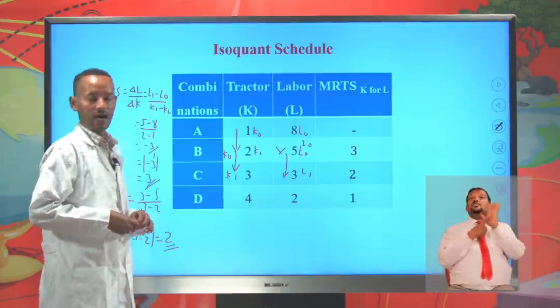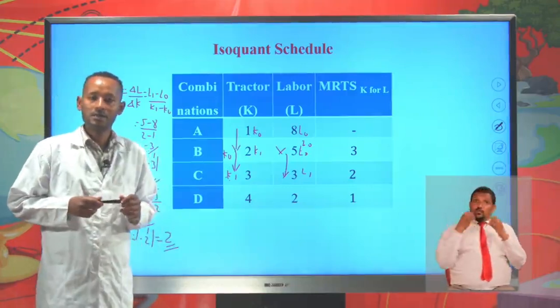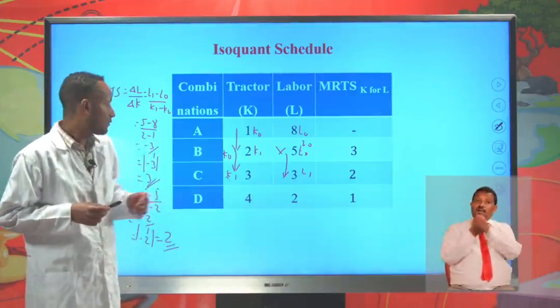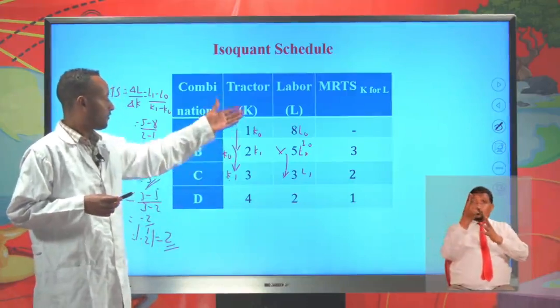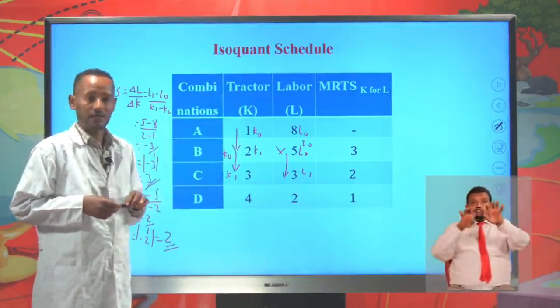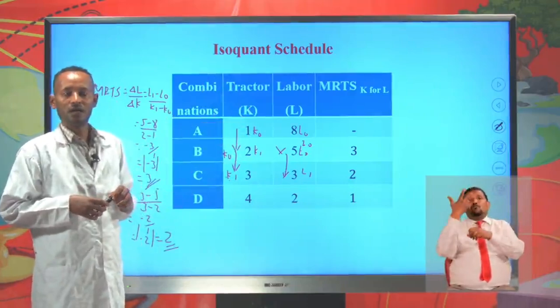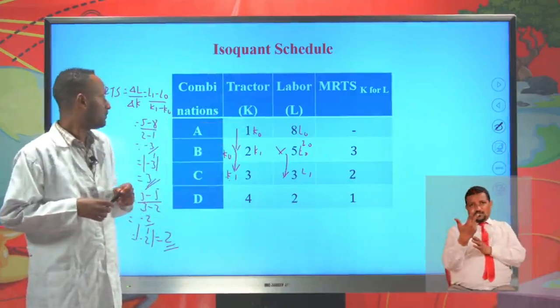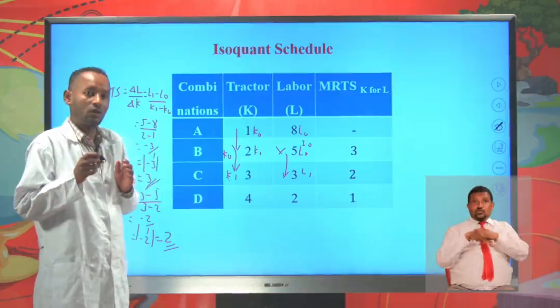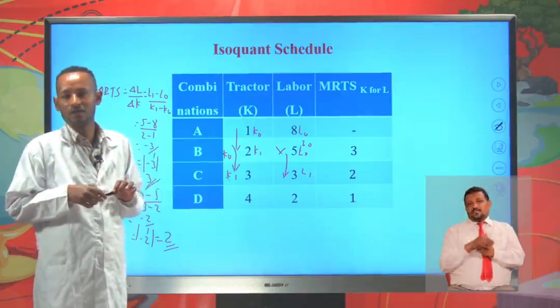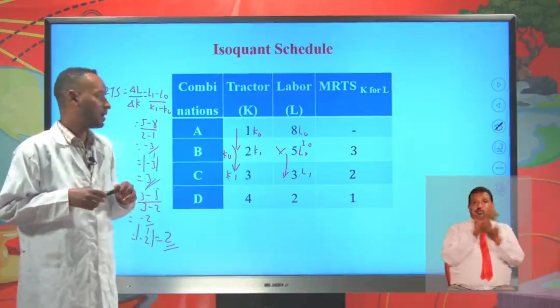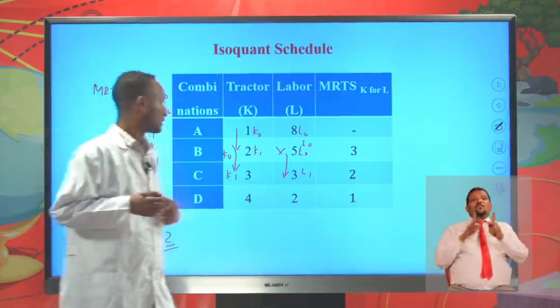This indicates that as we increase the variable input tractor from 2 to 3, if the variable input labor declined from 5 to 3, then the rate by which one variable input is substituted for another is 2. That means we are substituting 1 tractor for 2 labor.